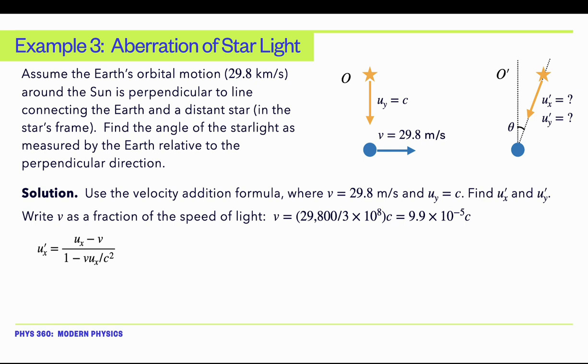Okay, so we have the velocity addition formula for the x component of the velocity. Remember that ux is 0 since the light wave is coming straight down. So this whole term on the bottom goes away, and ux prime is just minus v. So ux prime is just going to be 29.8 kilometers per second.